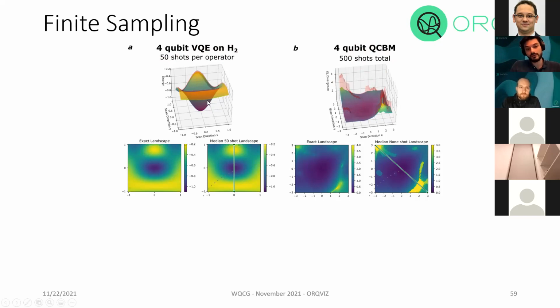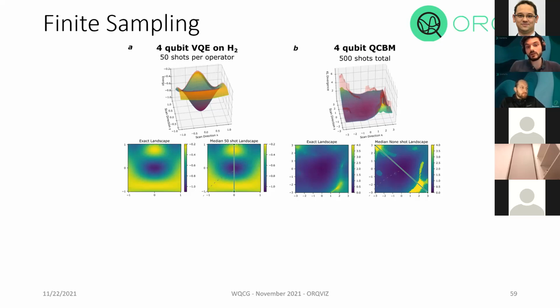Because on the energy estimation, the median landscape with finite shots is exactly the same as the exact landscape. Now, this is expected because the estimation of an observable with finite measurements is unbiased. Taking more measurements decreases the variance, but it's unbiased, right?